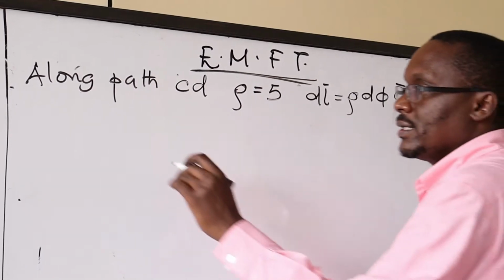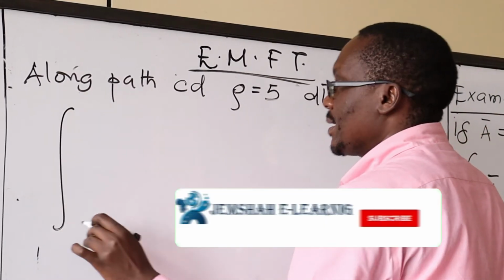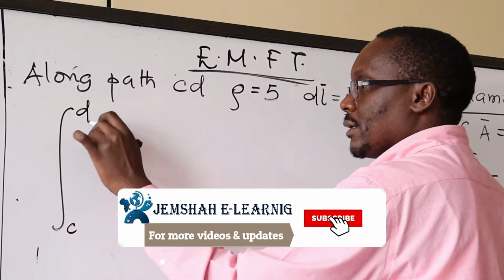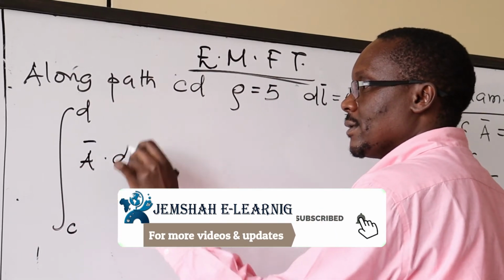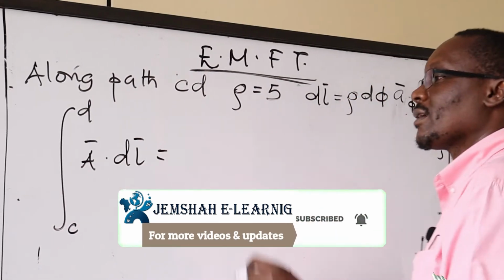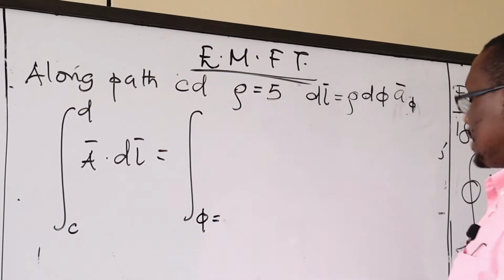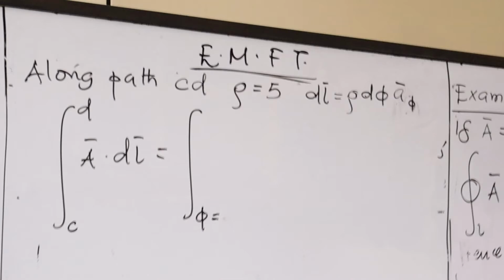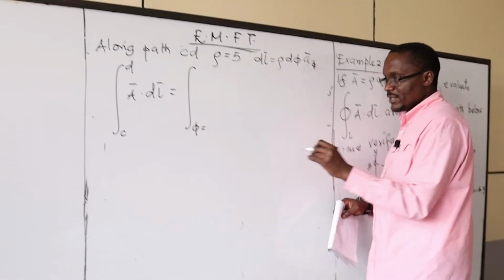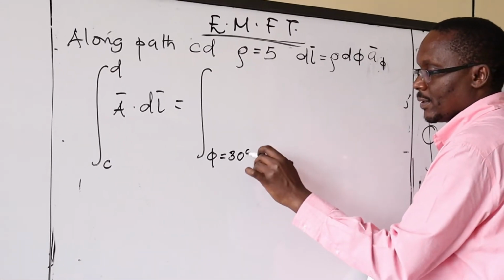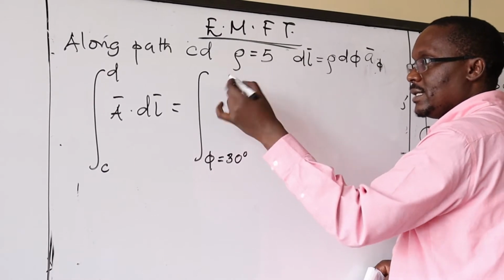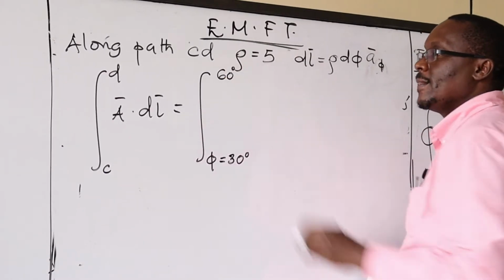So let us do our integration. We are integrating from C to D of A bar dot dl bar. This will give us the value of phi. At C, the angle is 30 degrees, and at D, the angle is 60 degrees.